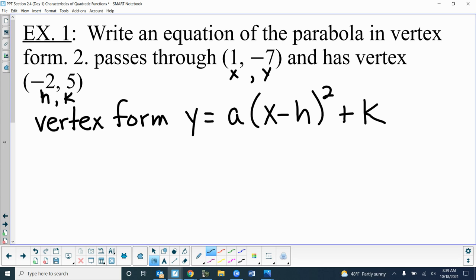All right, so I'm just going to substitute negative 7 for y. Let's color code it to help you. We're going to use green for the x. Okay, h is negative 2.